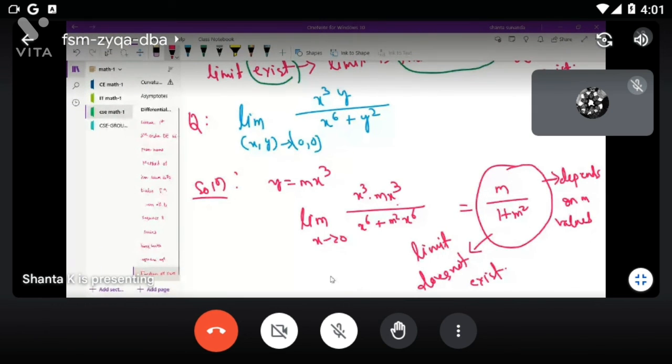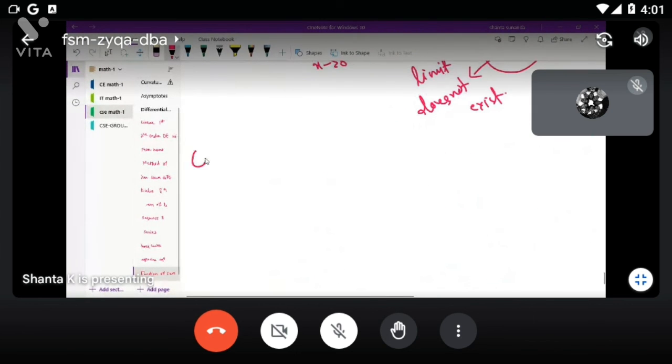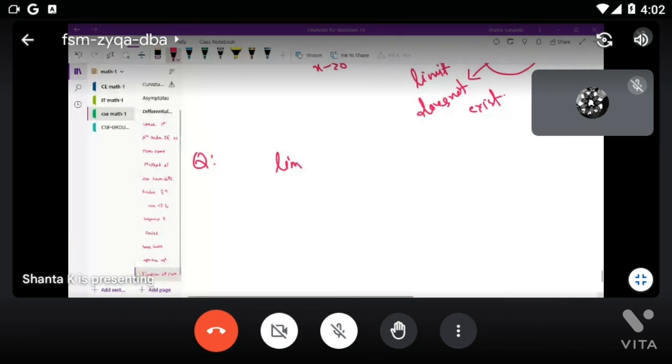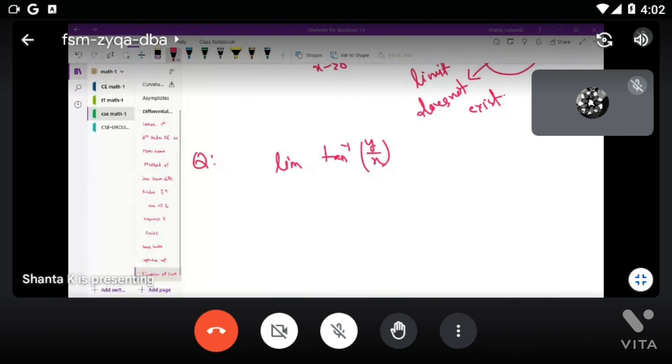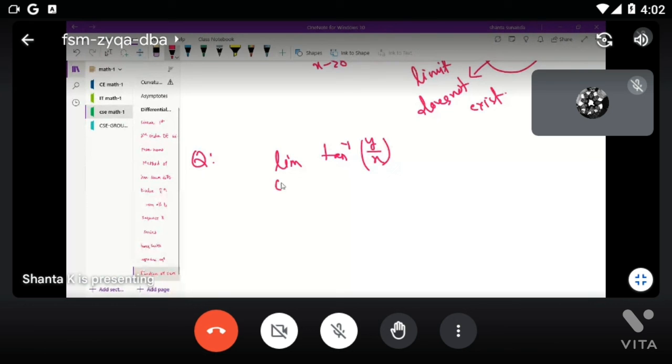So one last one you do. Limit of tan inverse (y by x), where x, y is approaching (0, 1).